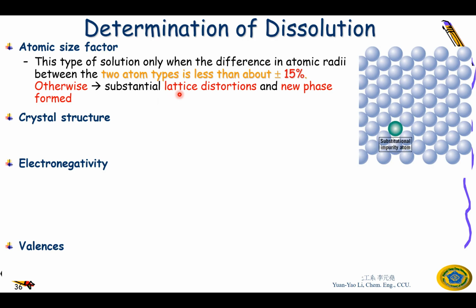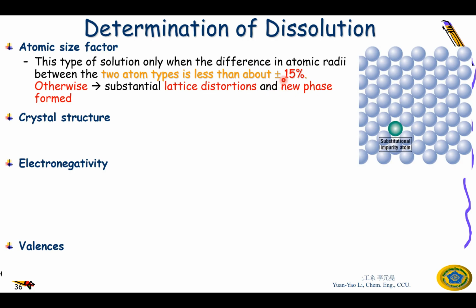Otherwise, substitutional lattice distortion occurs and a new phase forms. The foreign atom cannot be too small or too big. Otherwise, a new phase will form, like changing from BCC to FCC, for example. So this is not the definition of a solid solution.